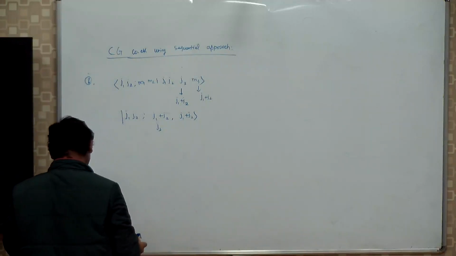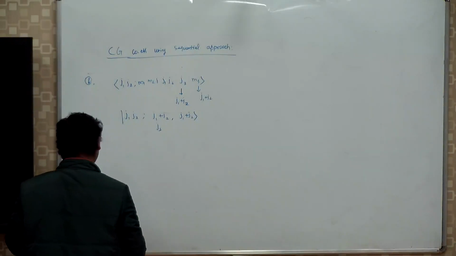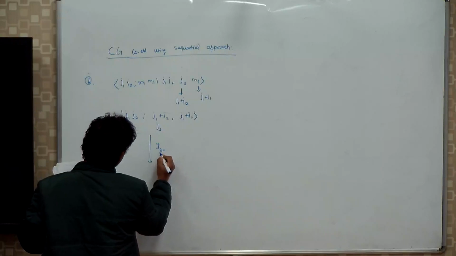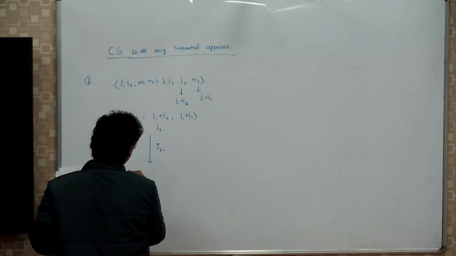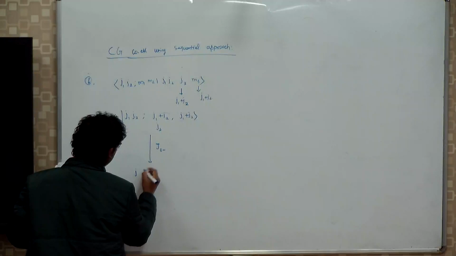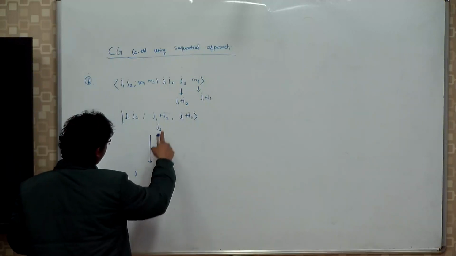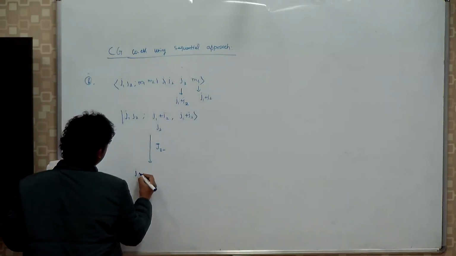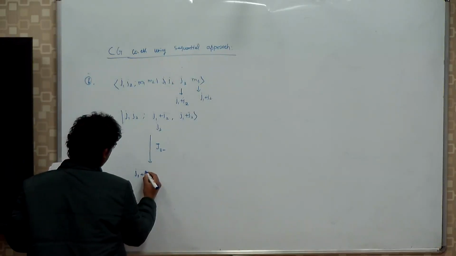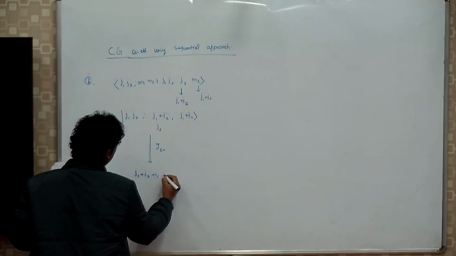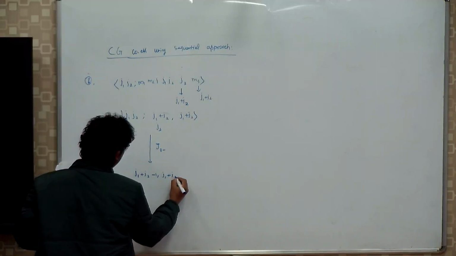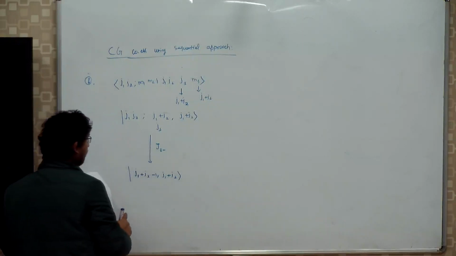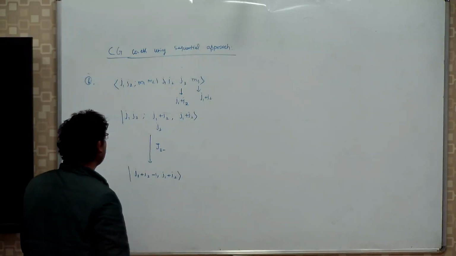Then J3 minus acts on this state, so I will get another state. This J3 minus always plays with this quantum number, then J1 plus J2 minus 1 comma J1 plus J2. This is the state. I am not repeating J1 and J2, I am repeating only these two quantum numbers.